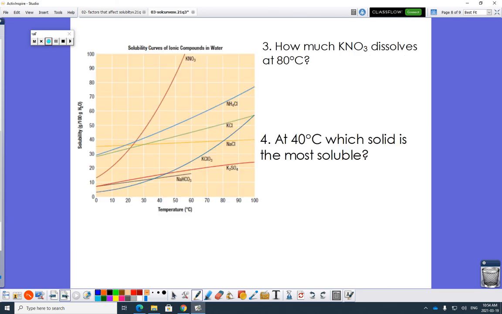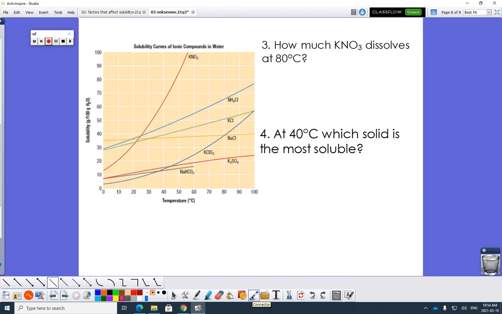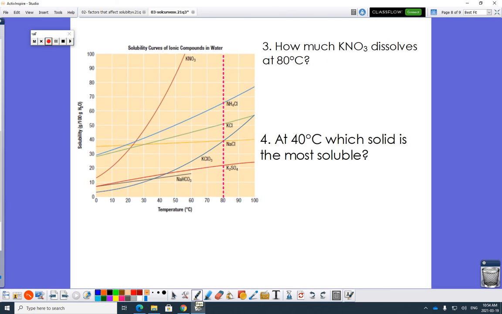Okay, and then for these two questions, it's a little bit more general. So how much KNO3 dissolves at 80 degrees Celsius? So if you look at 80 degrees for KNO3, and you do the same sort of thing, the curve never crosses 80 degrees, right?